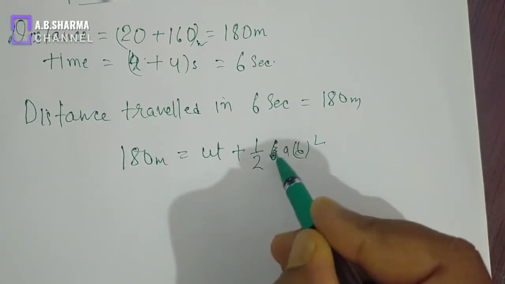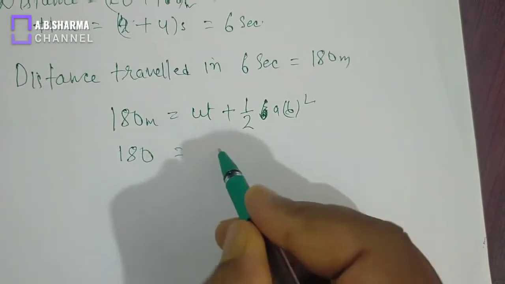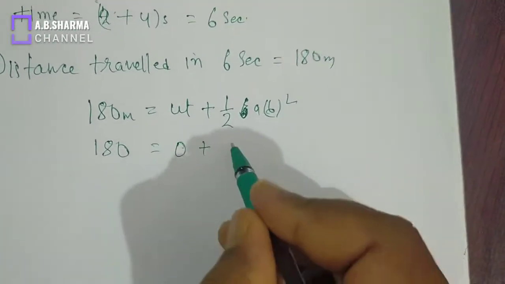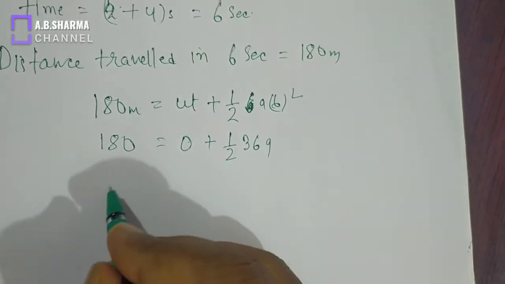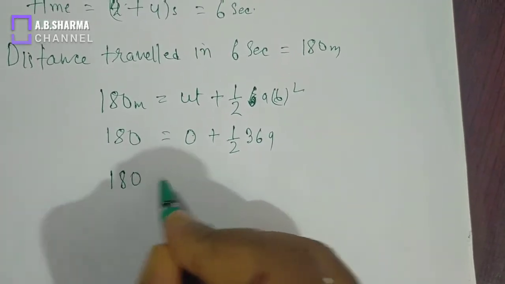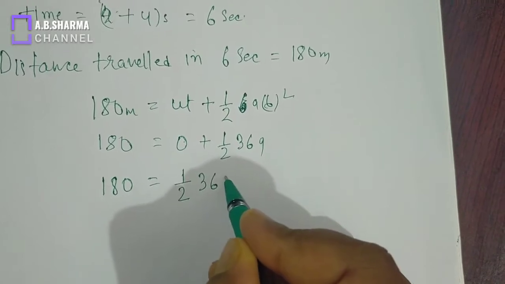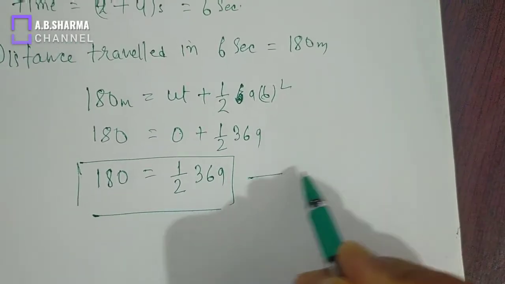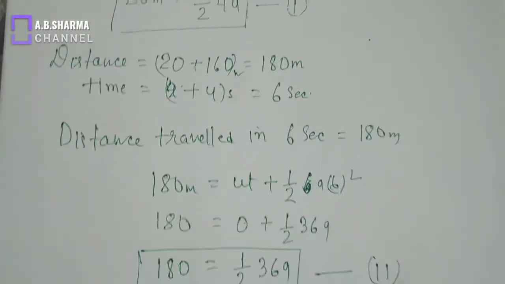So 180 meter equals 0 plus 1 by 2 into 36a, and ultimately it becomes 180 equals 1 by 2 into 36a. This is the second part, equation number 2. This is equation 1, this is equation 2.